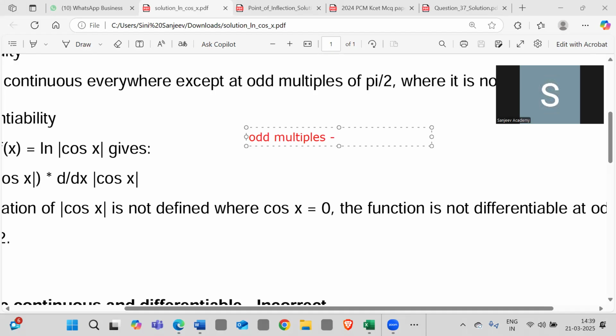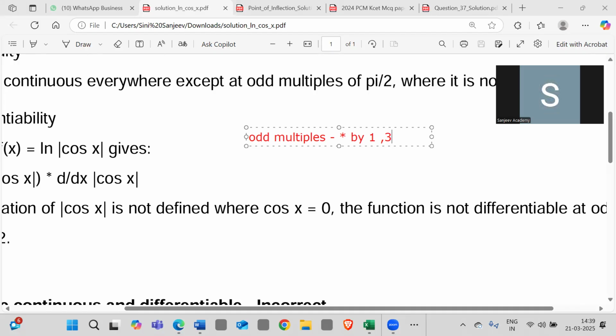Multiply by 1, 3 and all, so pi by 2, 3 pi by 2, 5 pi by 2 and all, because cos 90 is 0. All the values will give me 0. Correct? So can I differentiate d by dx of 0?